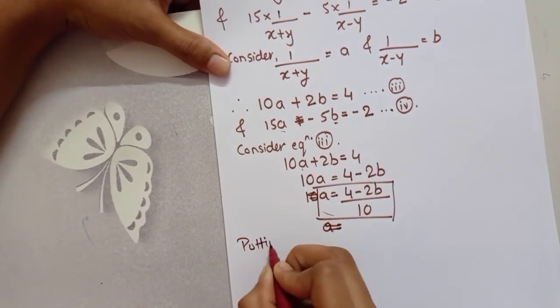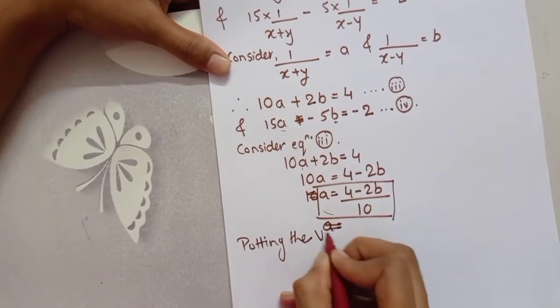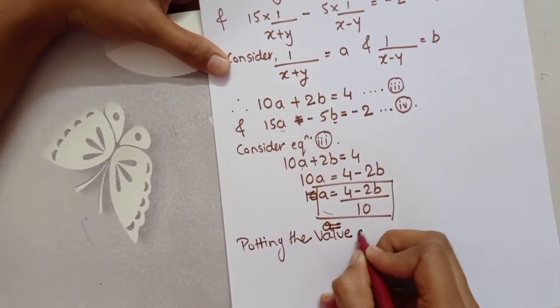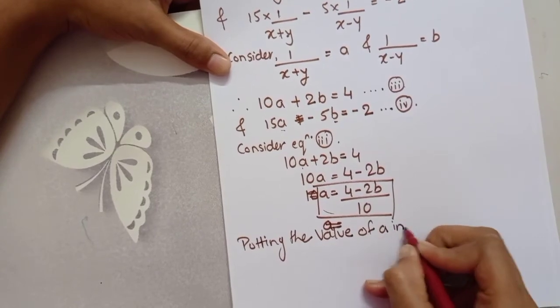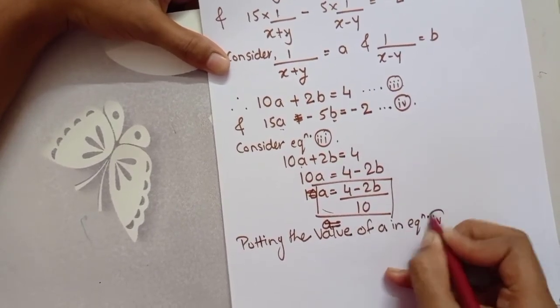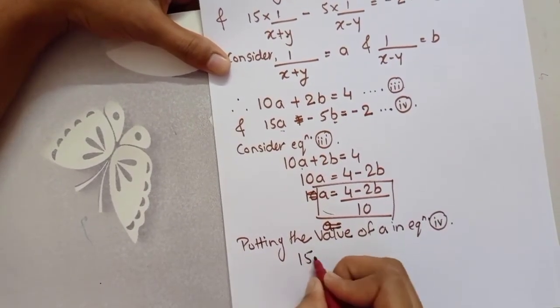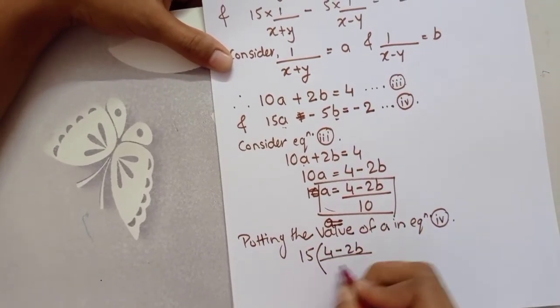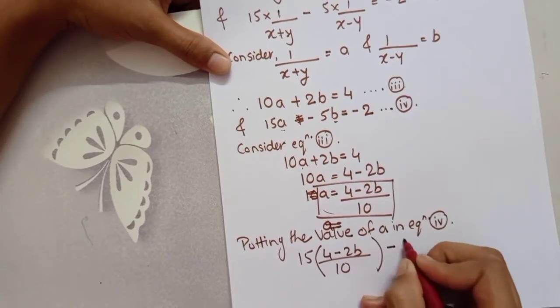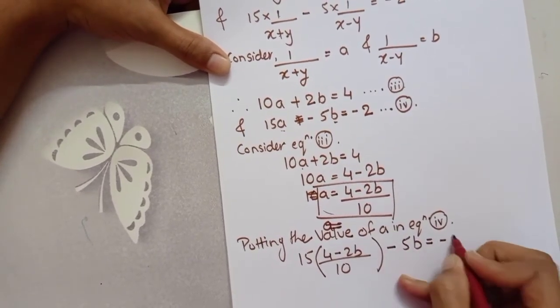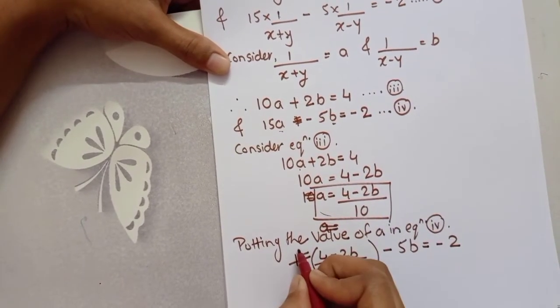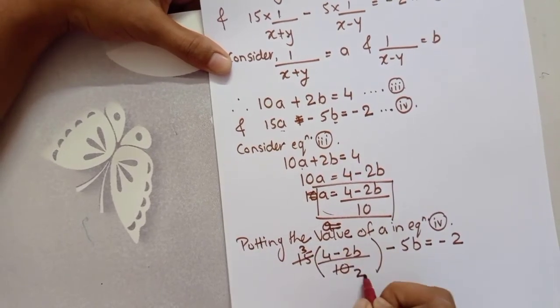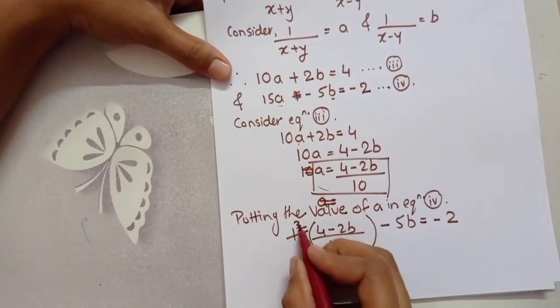Putting the value of a in the fourth equation: 15 into a, where the value of a is 4 minus 2b by 10, minus 5b is equal to minus 2. Here 15 divided by 5 is 3, and 10 divided by 5 is 2.